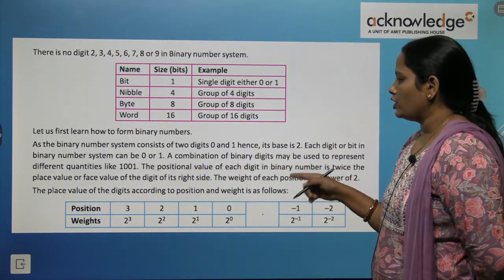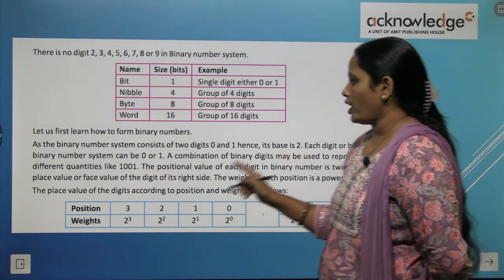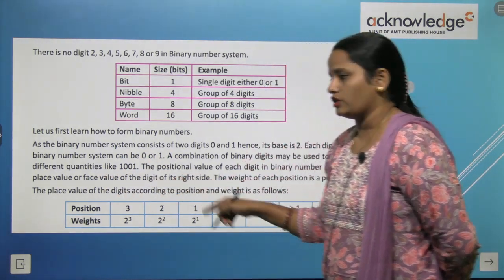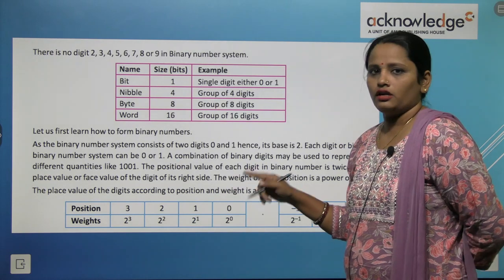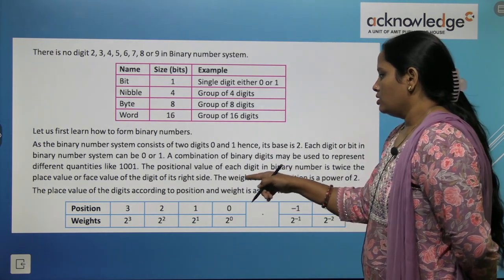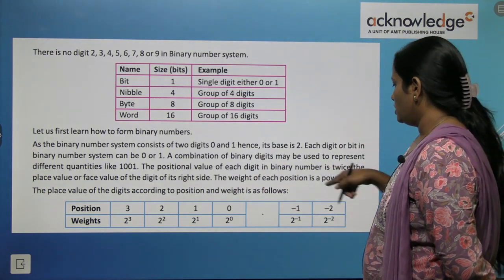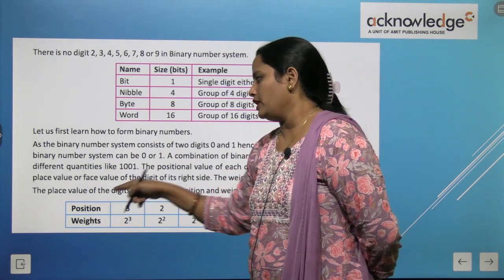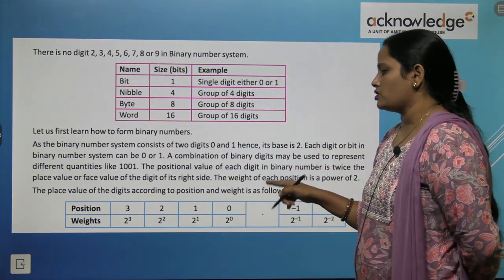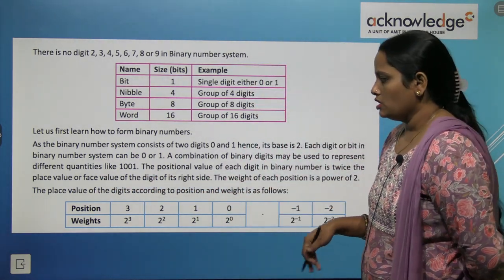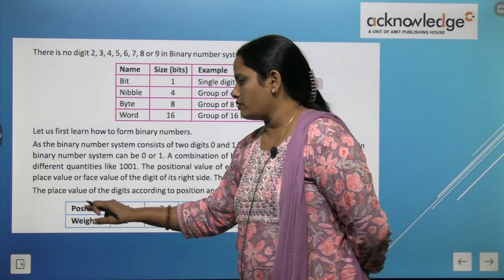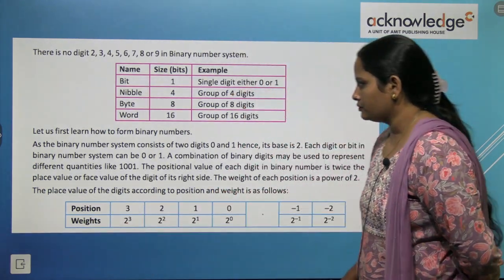The positional value of each digit in a binary number is twice the place value of the digit on its right side. The weight of each position is a power of 2. The place value of the digits according to the position and the weight are as follows. Here we can see the position is given and here the weight is given.